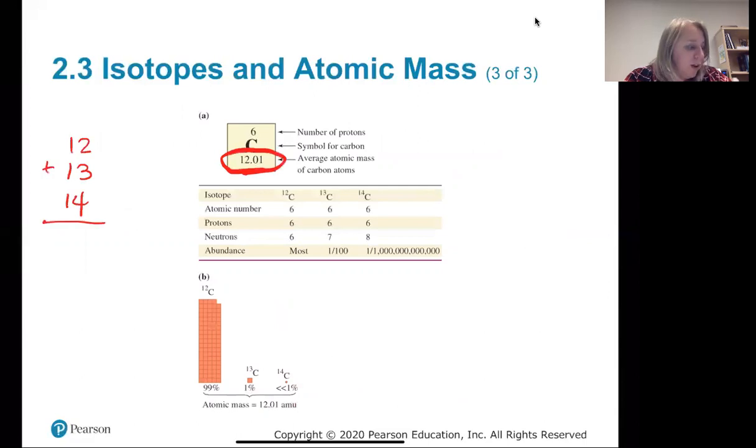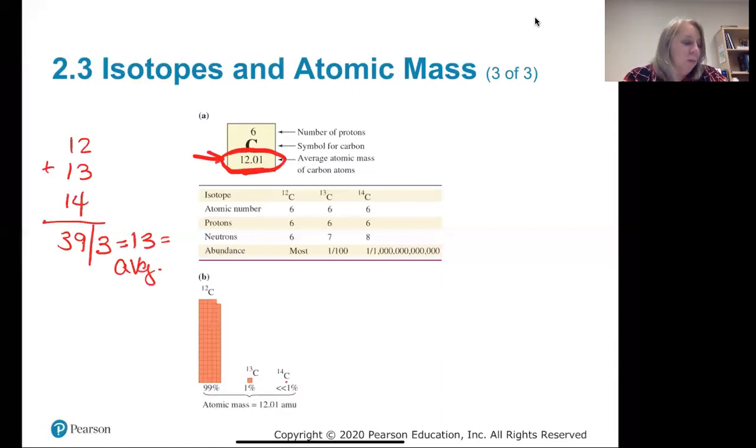So 7, 8, 9, and I divide by 3, right? Because I have 3 of them. If it was a regular old average, that would give me an average of 13, would be a non-weighted average, right? But I got an average on the periodic table that's 12.01.